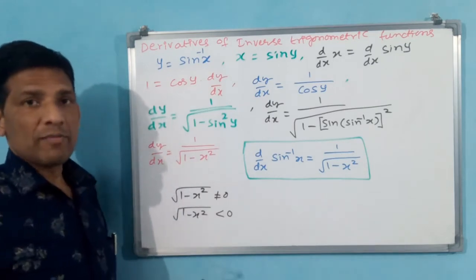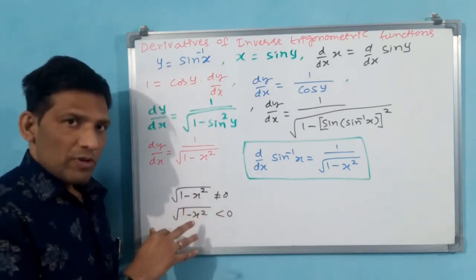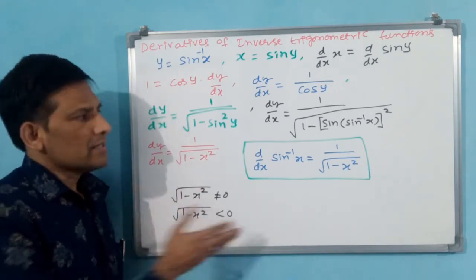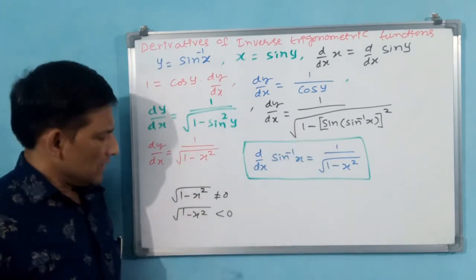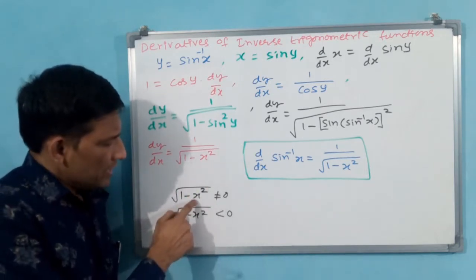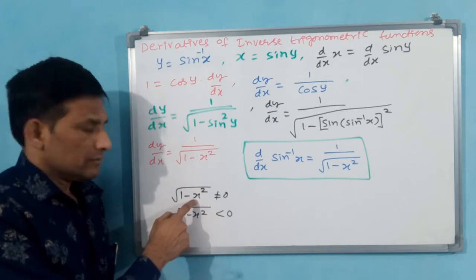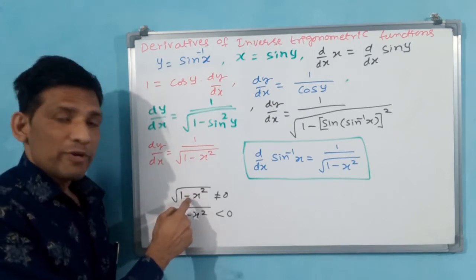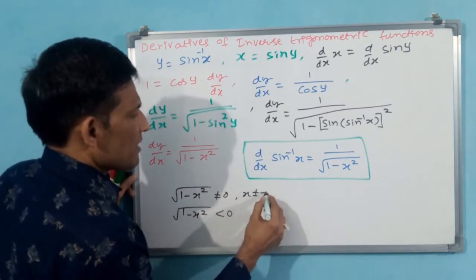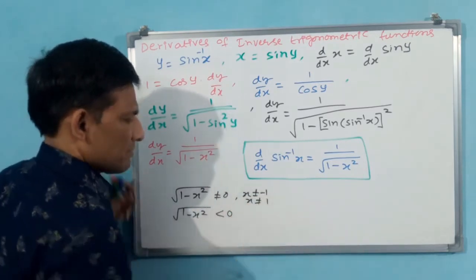Both you have to consider. Why? Because this is a square root. First of all, this should not become 0. If it becomes 0, it will be undefined. If x is minus 1 or plus 1, then this is going to become 0. That is why x should not be minus 1 and x should not be plus 1.